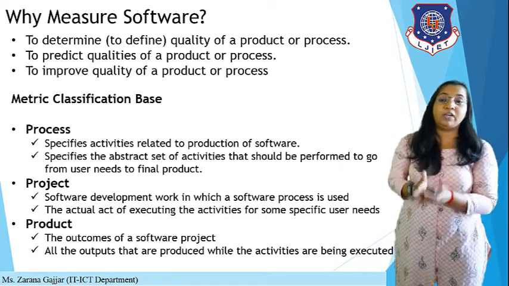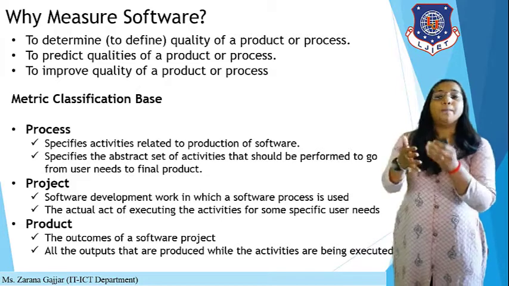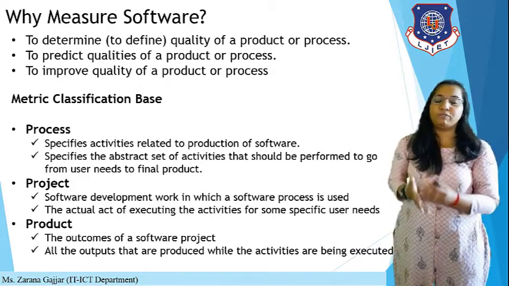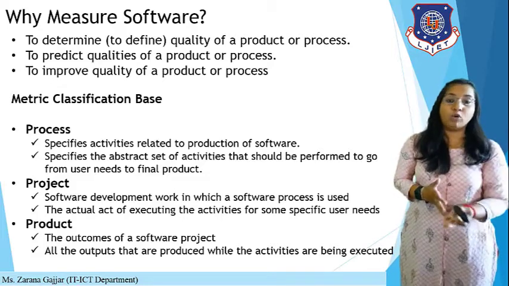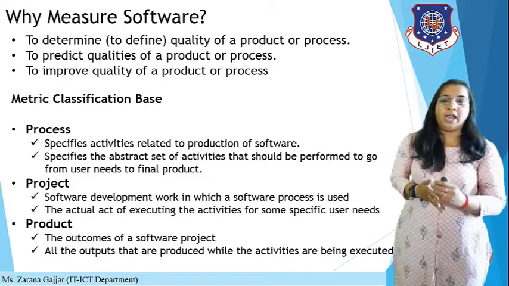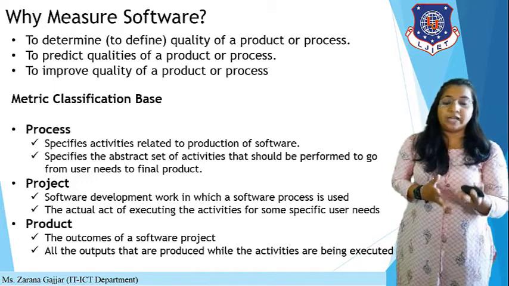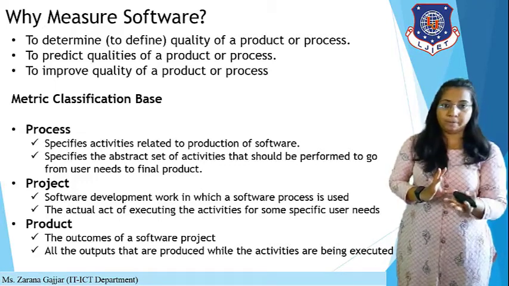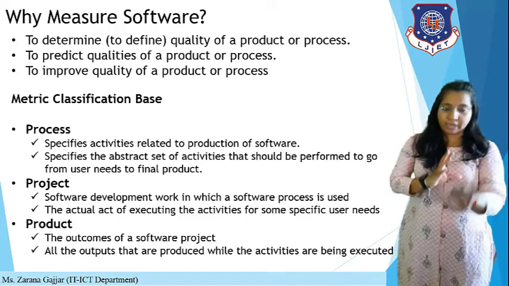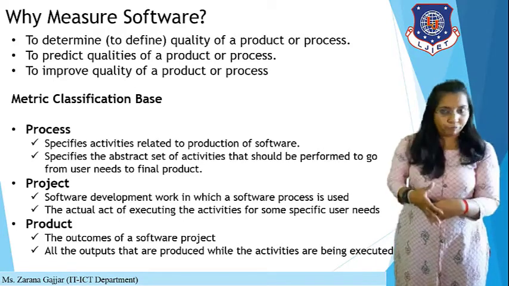And the next metric is a product metric. Product metrics define the characteristics of the product. What is the outcome of your software project and what are the outputs? Once your activity is executed, some output will definitely occur.